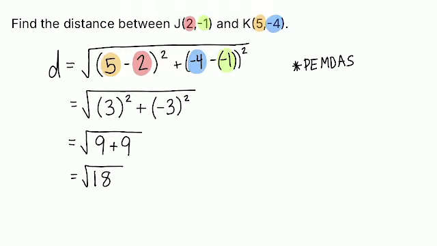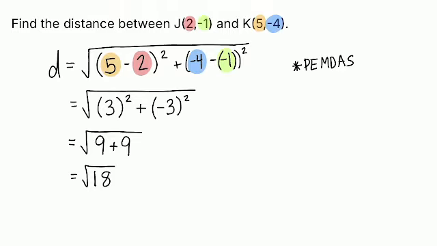Here's where things are going to differ slightly based off what your teacher wants. If your teacher wants you to simplify the radical, you need to go in and simplify the radical. However, if your teacher doesn't want you to simplify the radical, you can simply plug this into a calculator and get a decimal.